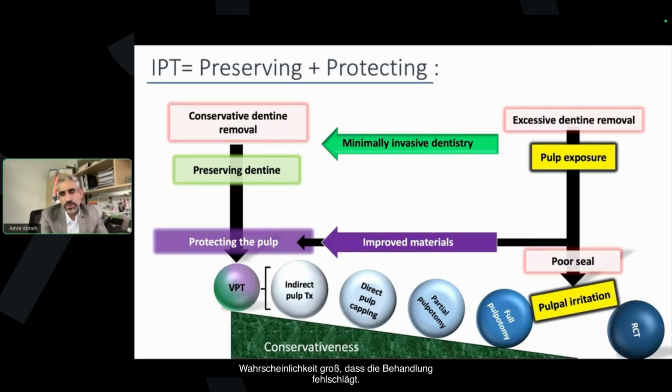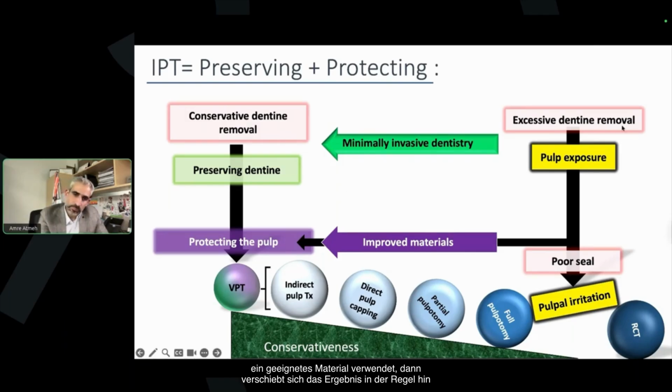material. And you can see that with excessive dentine removal, you increase the chance of pulp exposure. Now, if this is combined with a poor seal, then there is a high chance for the treatment to fail and will require either more invasive treatment or might even end up with root canal treatment.